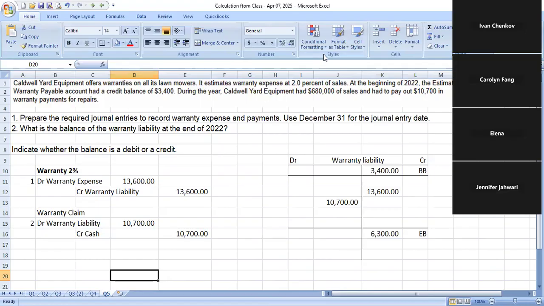Okay, and let me share my screen so you can see where exactly I'm going to post those. I already opened it for you. Let me share my screen.